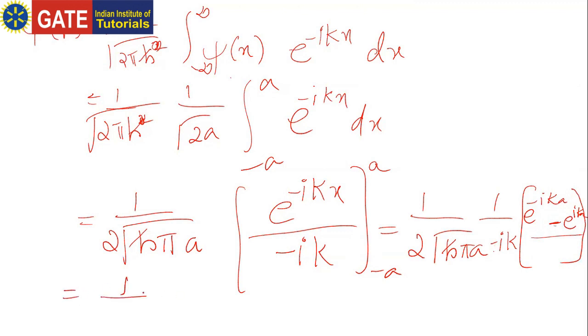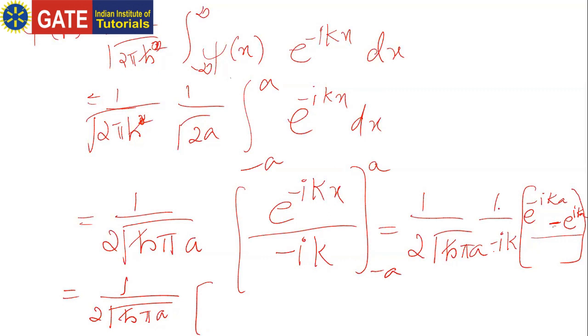You can write 1 by 2 under root h cross pi a, take the minus outside: e power ika minus e power minus ika. The 2 and the i k you have outside; take the 2i inside the bracket.